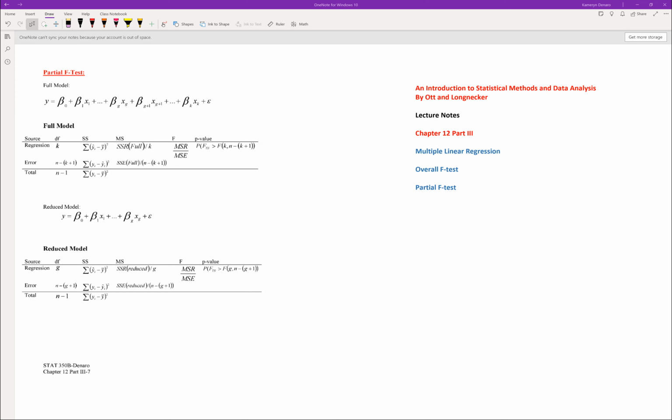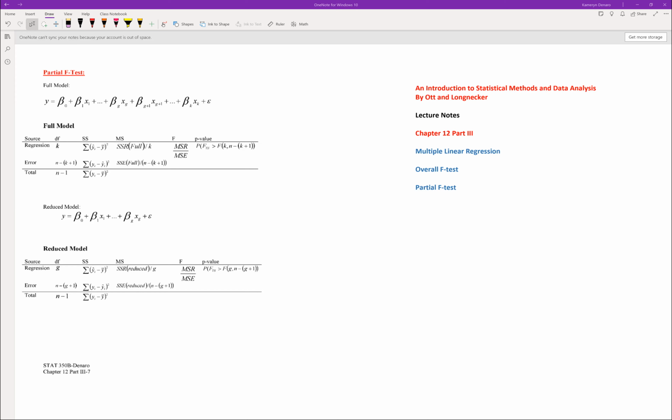Now we fit the model and we get the Y hats. And for every observation, we can do the observed minus the predicted under that full model. And we can get our sum of squares regression, our sum of squares error, and our sum of squares total for the full model. We calculate the mean squares in the regular way. We take the sum of squares regression of the full model divided by K. That will give us our mean square due to regression under the full model.